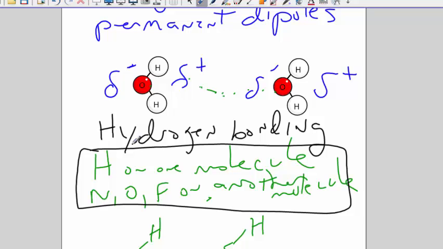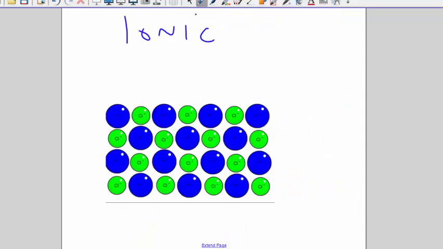All of those, however, are weak compared to ionic bonding. This is why covalent compounds have lower melting and boiling points than ionic compounds, because London dispersion, dipole, and hydrogen bonding are less strong than ionic bonding.